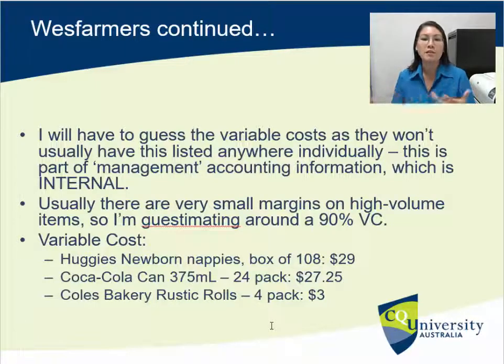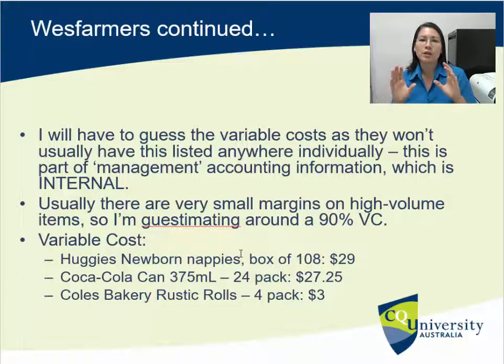In this case, I've also guesstimated it. I'm guesstimating a 90% variable cost because usually there's very small margins on high volume items, and Coles and Woolworths and big companies, they rely on the volume to get through their sales dollars.